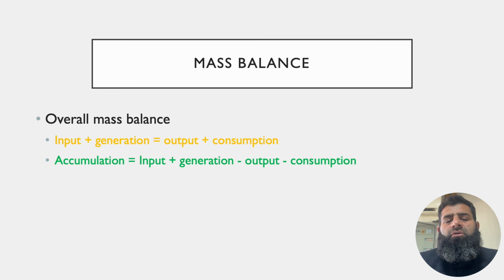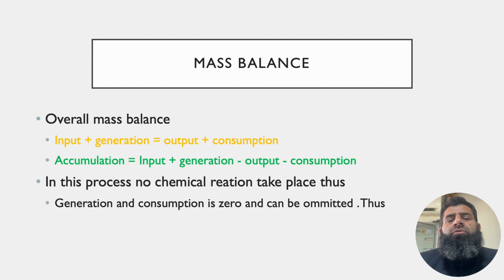As there are no nuclear or chemical reactions involved in food processing, this is a very simple process. In other words, accumulation is equal to input plus generation minus output minus consumption.